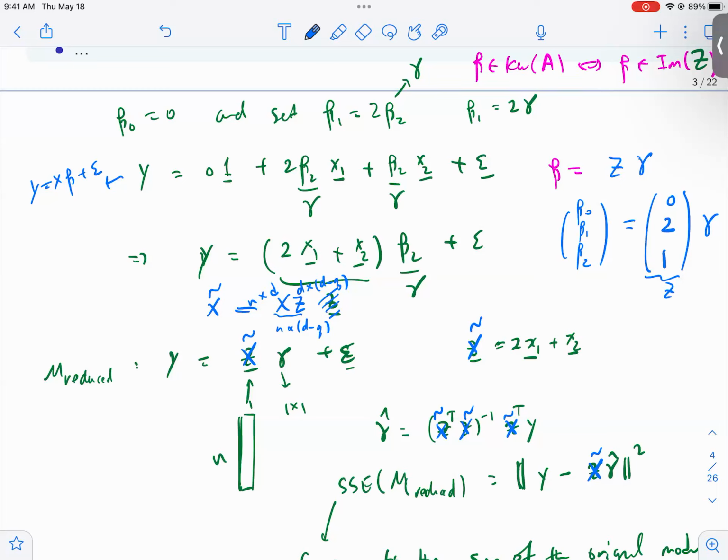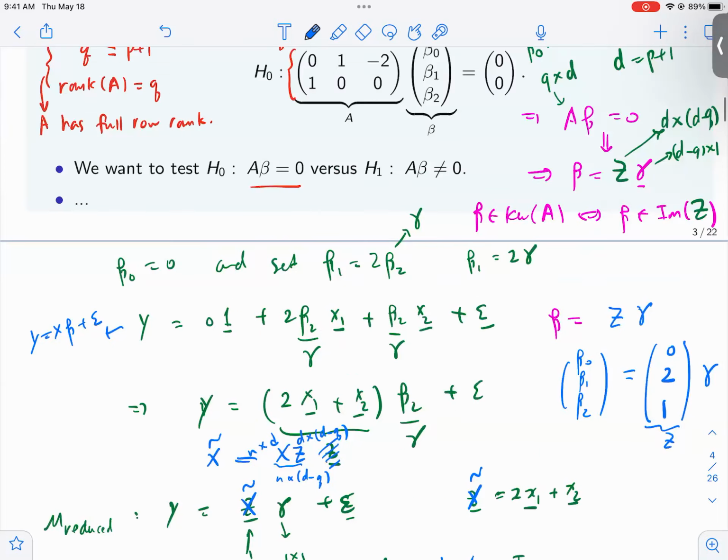Do you have to do it with Z, or can you do it with A from above? So how do you do it with A? I want to enforce those constraints, right? You don't have to plug in the beta values.